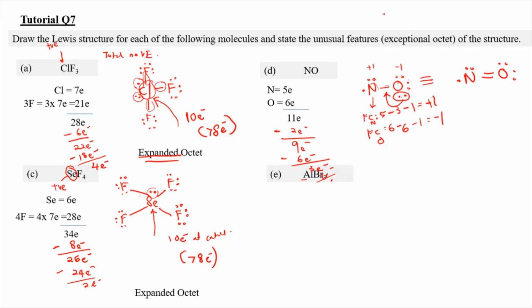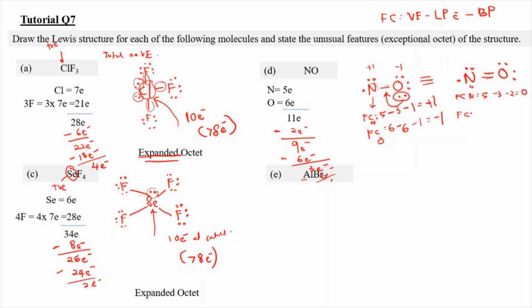Okay, so the formal charge can be counted by valence electrons minus lone pair electrons minus bonding pairs. So when you count the formal charge for the nitrogen, you're going to get 5 minus lone pair electrons 1, 2, 3, minus bonding pairs, minus 2. So you're going to get 0.